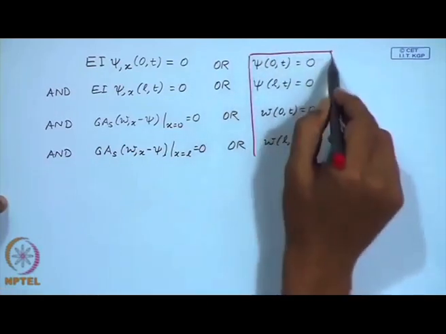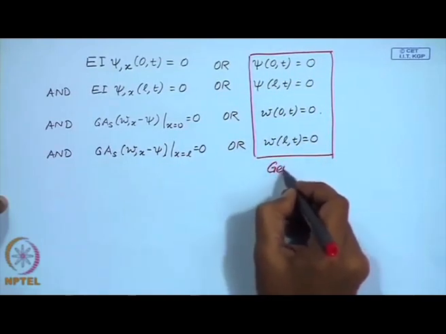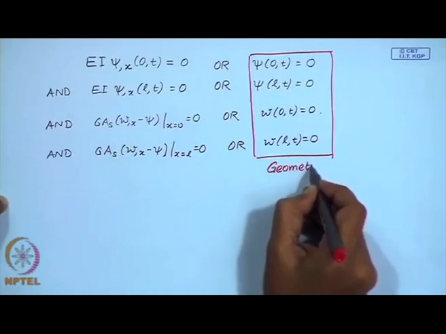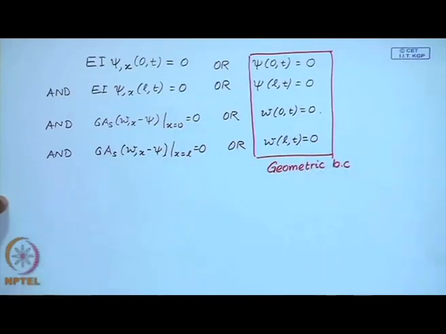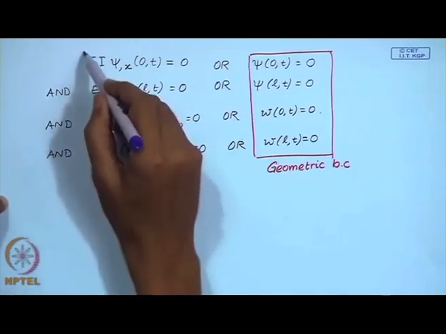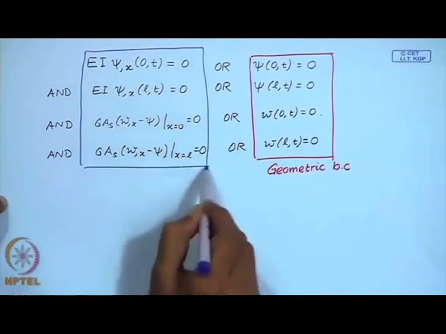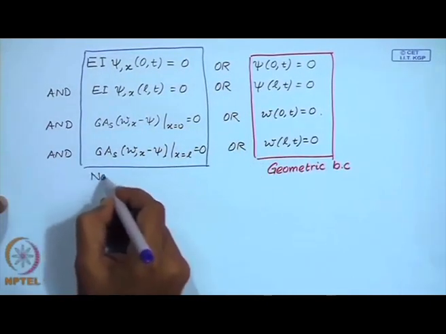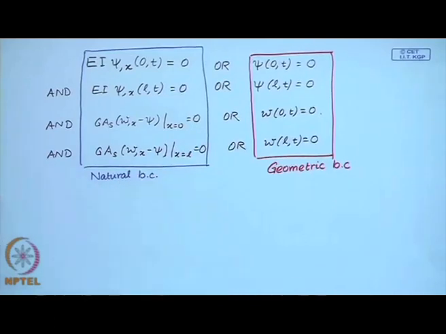So, this set of boundary conditions, these are the geometric, while this set, these are the natural boundary conditions.